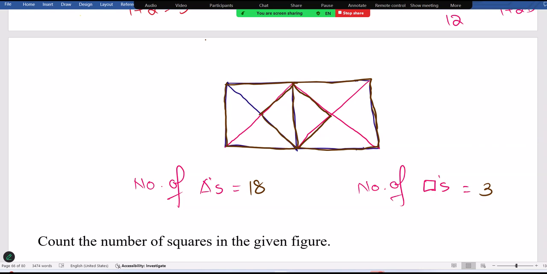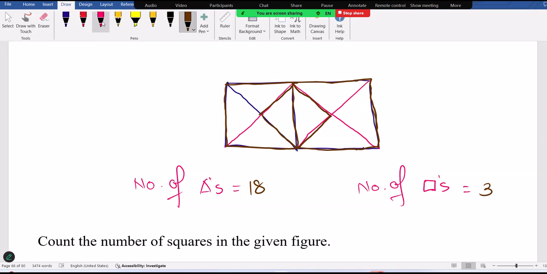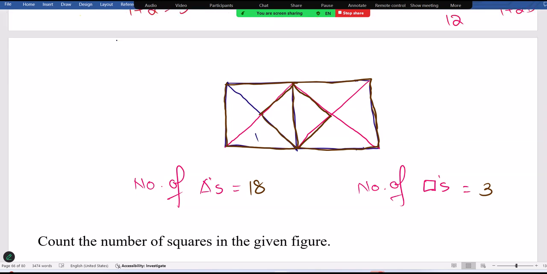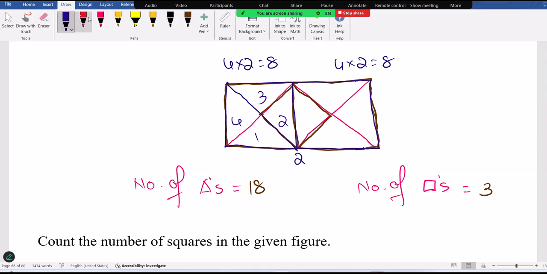Now what about triangles, sir? Triangles must be 16, sir. Why are you telling that? See, 1, 2, 3, 4. This is 4 into 2, 8 separately. This one also 4 into 2, 8 separately. But as we joined, we got 2 extra. What are the 2 extra triangles here?